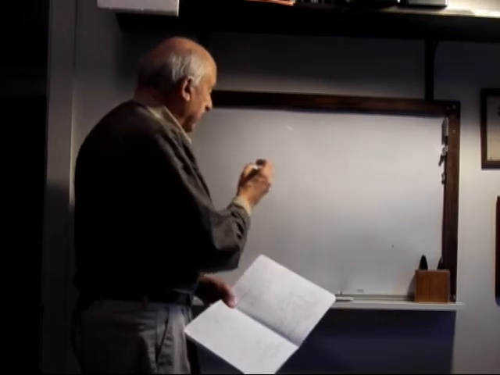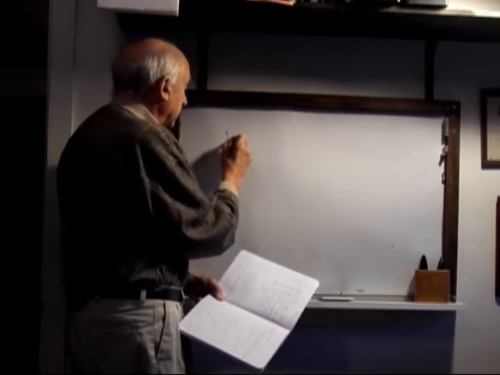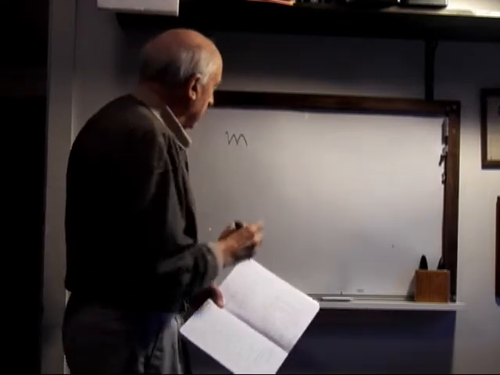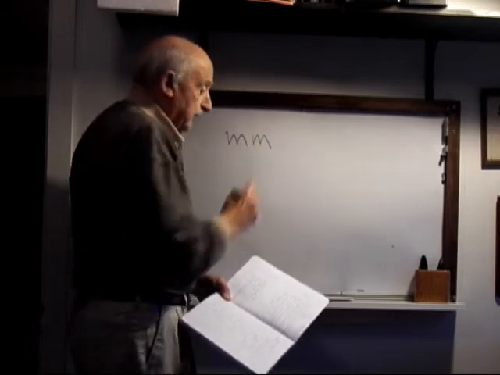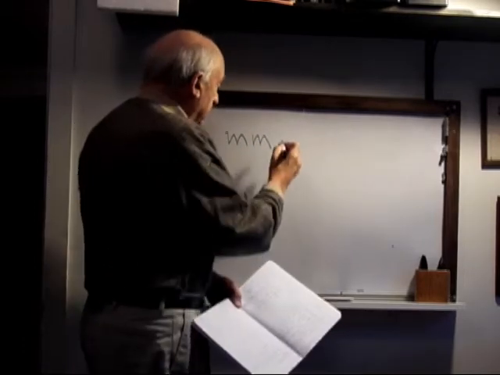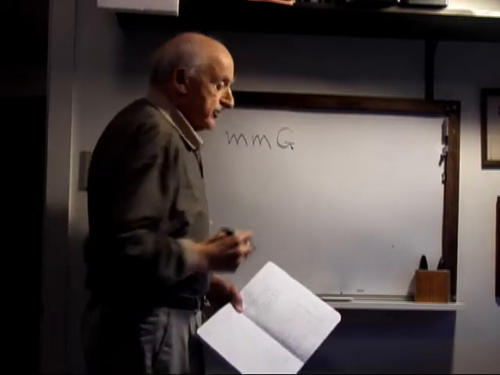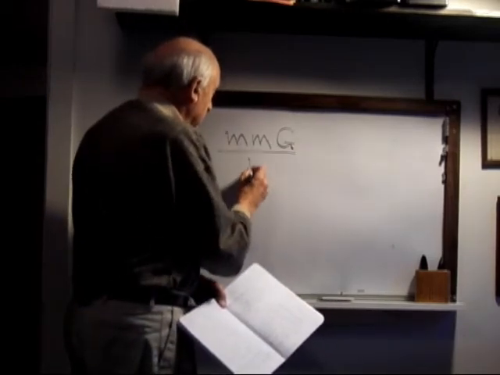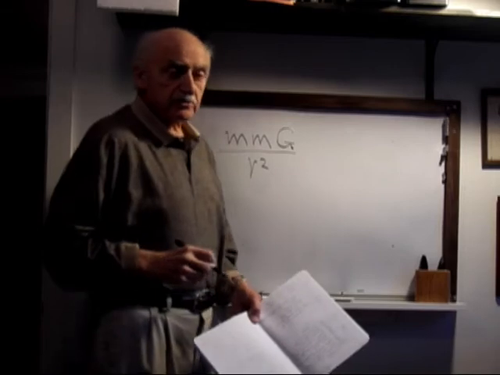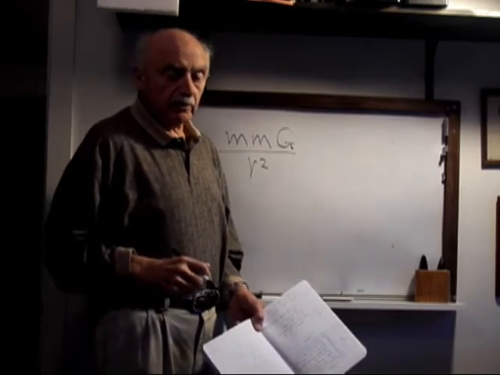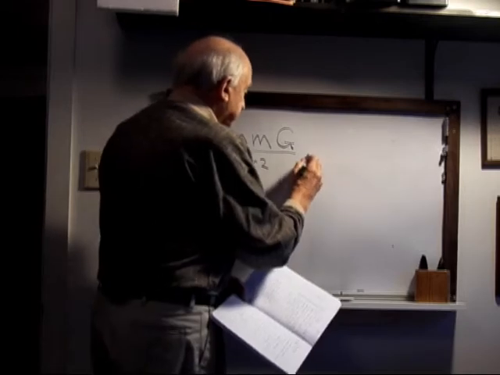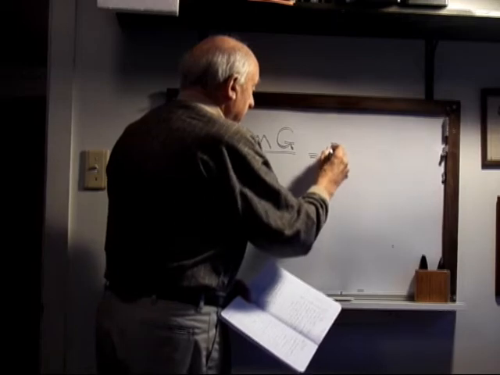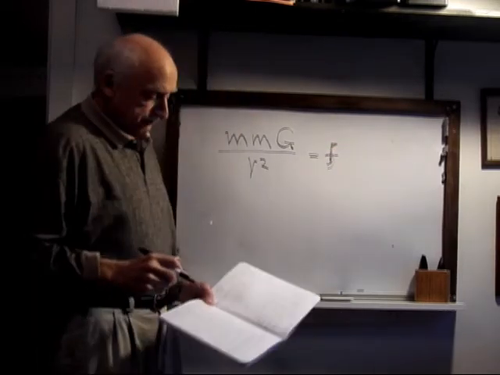And the equation is that the mass of the body that's providing the gravitational force plus the mass of the body that's being weighed multiplied by the universal gravity constant G and divided by the square of the distance between the centers of gravity of the two bodies gives you the force that we call the force of gravity, which is the same thing as the weight of an object.